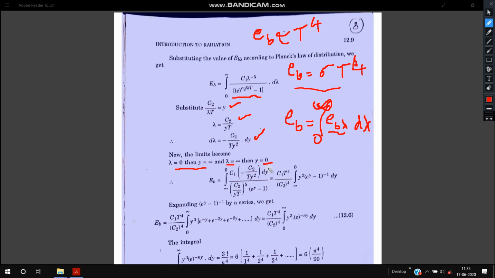Taking C1 T raised to 4 by C2 raised to 4 outside, we get the integral of y cube times e raised to y minus 1 whole raised to minus 1 dy.